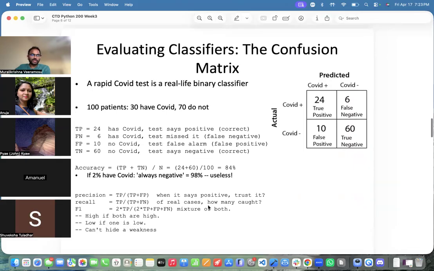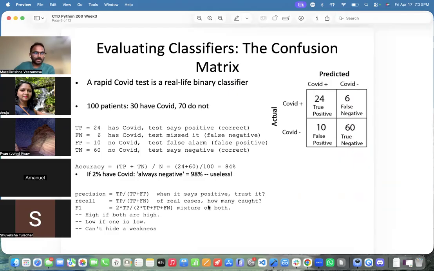So how do we evaluate a classifier, right? Let's say you created a classification model which predicts COVID positive or not, given the patient samples. You created the model, but how do you know if the model is predicting properly or not?